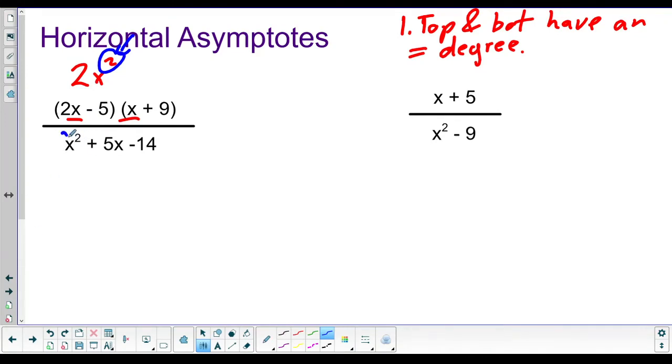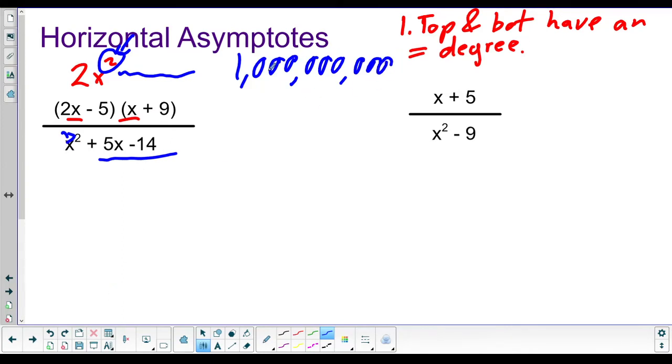The bottom is also x squared. So if we plug in really big numbers, we're going to have some extra stuff after the squared, and we've got some extra stuff after the squared. But exponents get a lot bigger faster than other math operations. So if you plug in like a billion, let me see if I can remember how to write a billion.